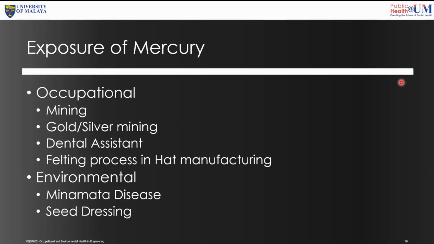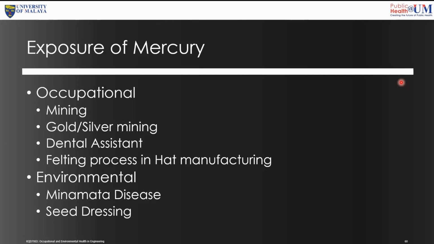So basically, seed dressing means that you put some chemicals, some pesticide onto the seed, so that the seed itself is not affected by any fungal or any bacteria. So it is protected from being contaminated by bacteria or fungus.